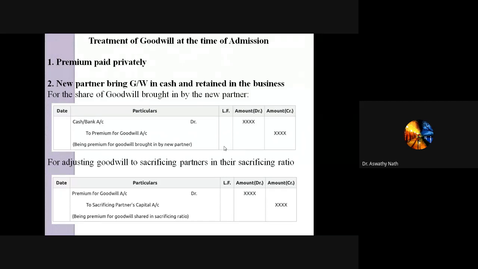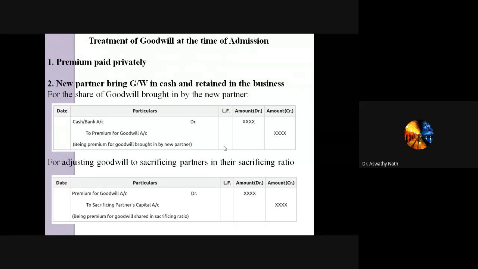The previous year questions show that these types of questions will be asked. So you have to identify the journal entries: which item should be debited, which item should be credited.